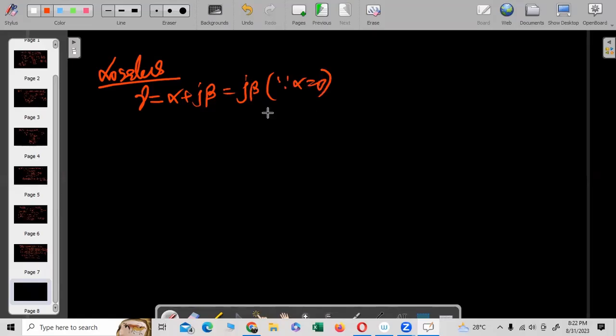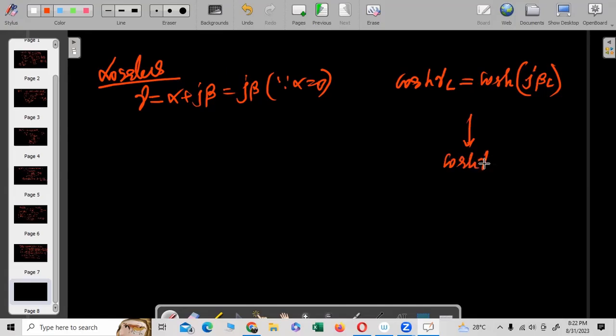So replace gamma with j beta in all the equations. Now, can anyone tell me cosh gamma L, it is equal to cosh of j beta L. So what will it come to? If you analyze, let's say cosh gamma L. Please concentrate.